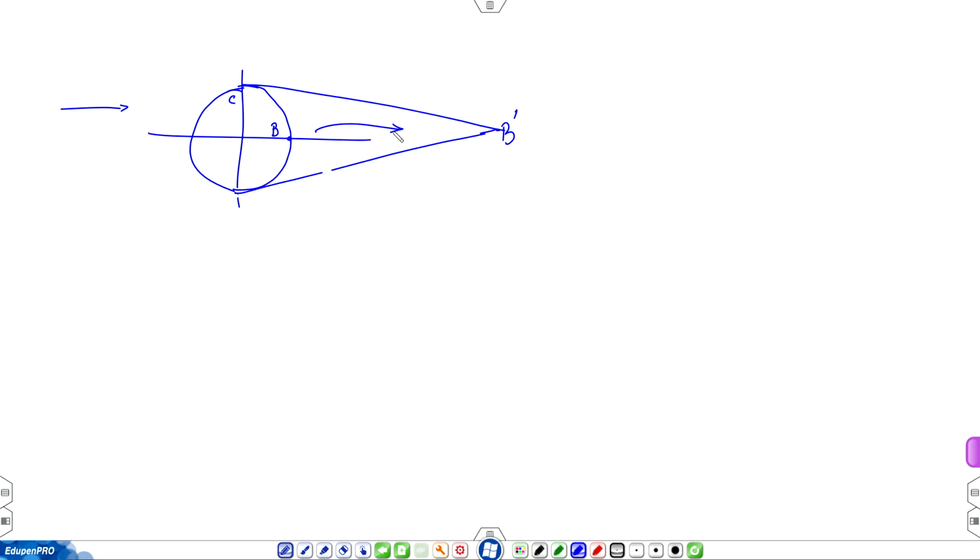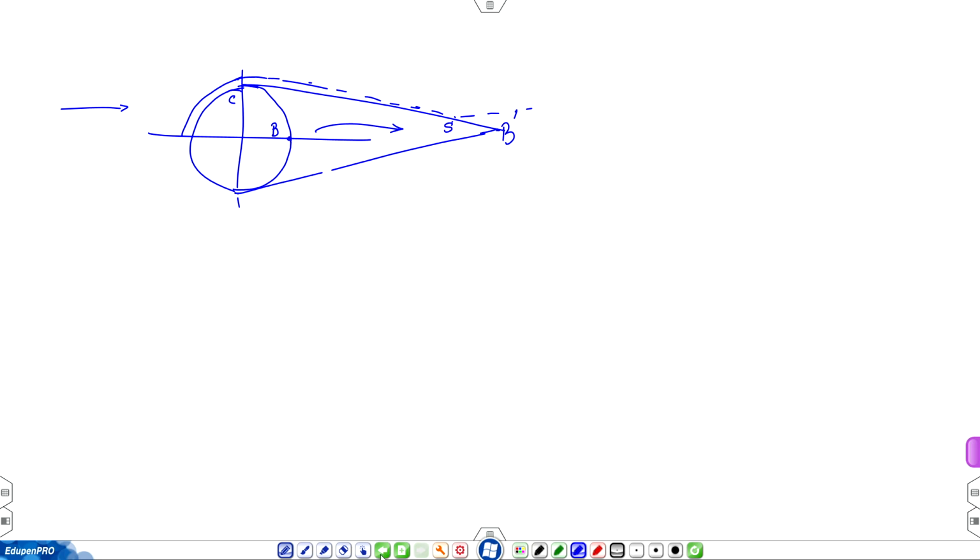Now, the adverse pressure gradient from C to B prime is smaller than the adverse pressure gradient from C to B. So, the flow, instead of separating here, this is the boundary layer, it will remain attached and go all the way up to this point and then probably separate. So, now this has become the point of separation.